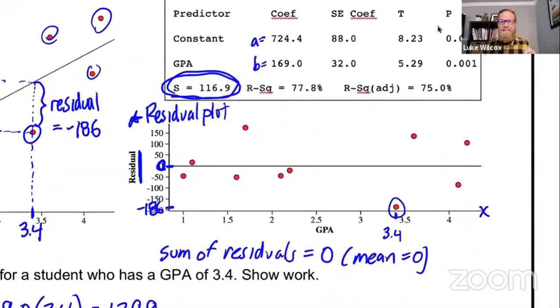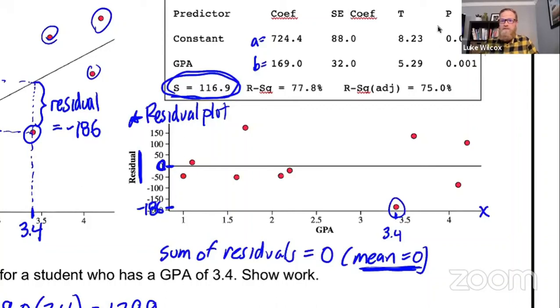Okay, it's the standard deviation of the residuals. But remember, the residuals have a mean of 0. So when we think about standard deviation, we normally think of it as being the typical distance away from the mean. Well, if the mean is 0 and it's the typical distance away from 0, it's sort of telling you what a typical residual looks like.